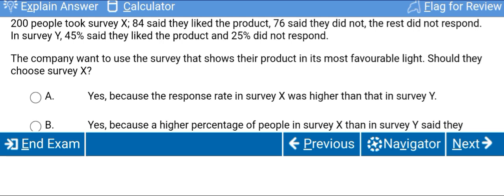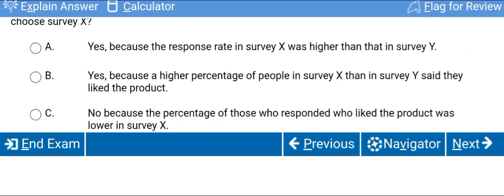The company wants to use a survey that shows their product in its most favorable light. Should they choose survey X? Option A, yes, because the response rate in survey X was higher than that in survey Y. Option B, yes, because a higher percentage of people in survey X than in survey Y said they liked the product.